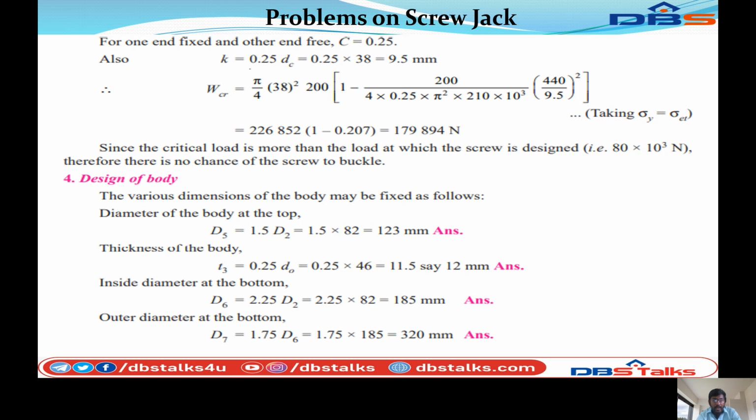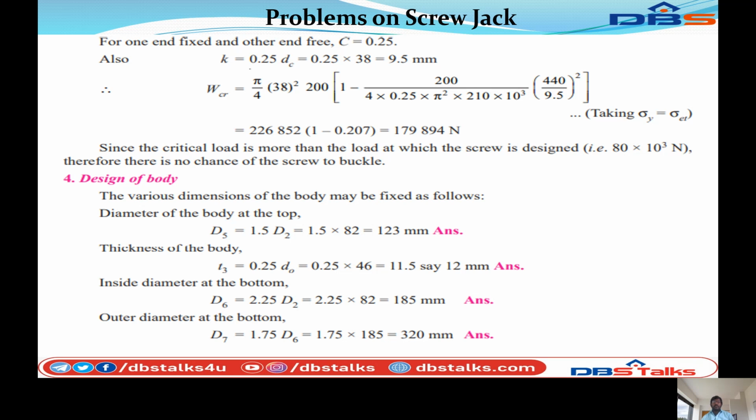200 divided by 4 into 0.25 into pi square into 210 into 10 cube. So WCR is equal to 2,26,852 into 1 minus 0.207, that is equal to 1,79,894 Newton.